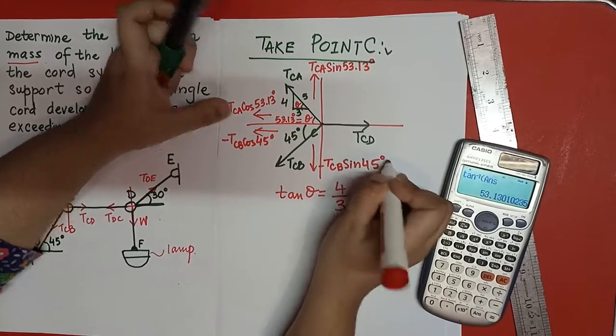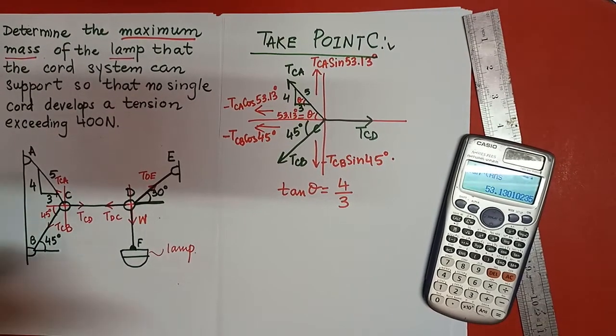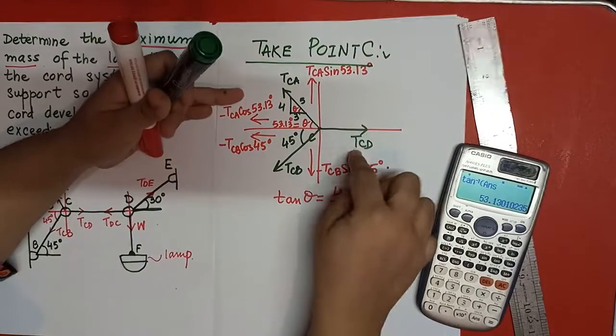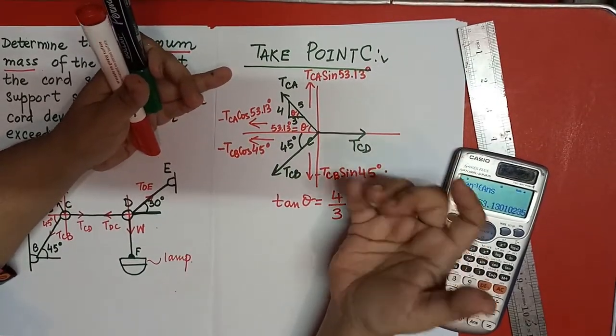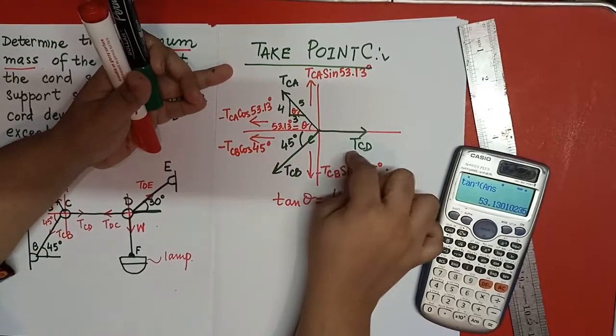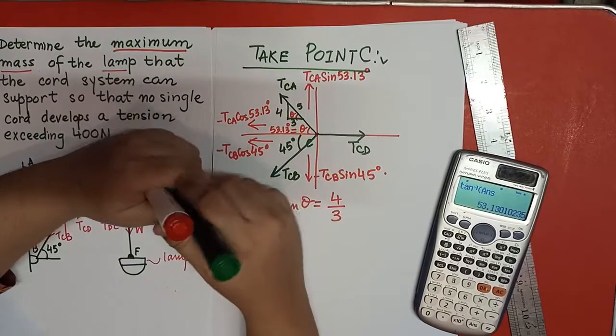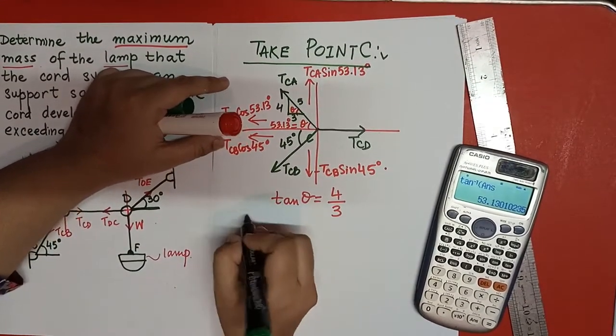Now I have already calculated the value of TCD. Should I sum up the horizontal forces first or the vertical forces? There are only 2 vertical forces here, but 3 horizontal forces. It's up to you.